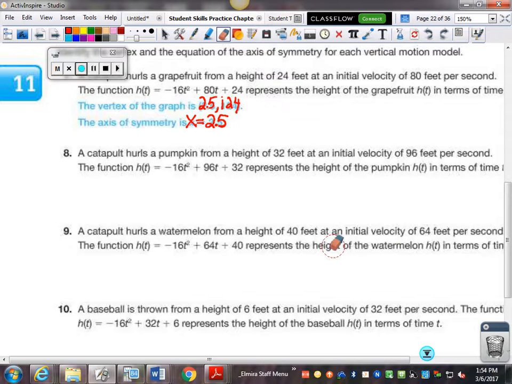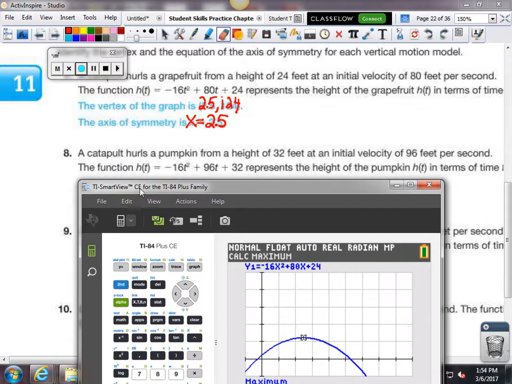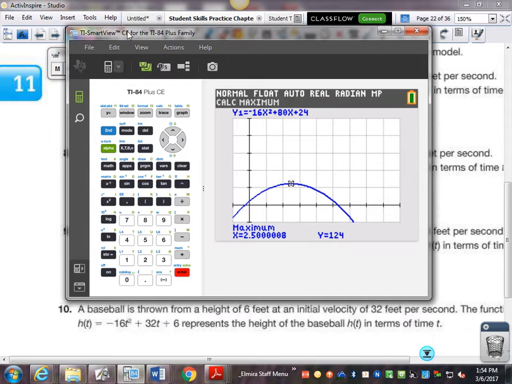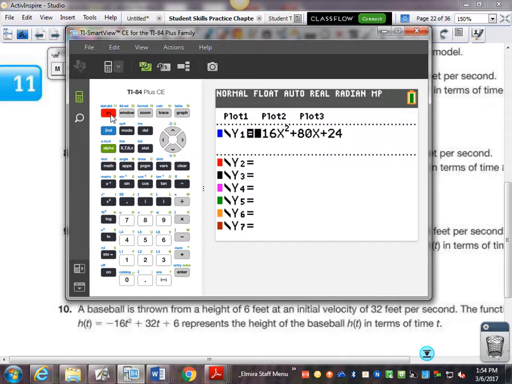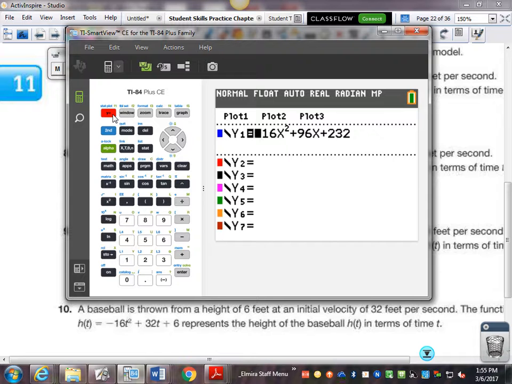Let's look at number 8. Number 8 says 96 plus 32. Again, oops, that was 232.